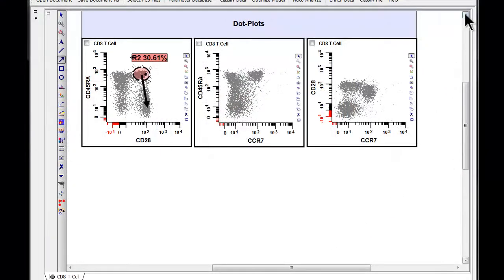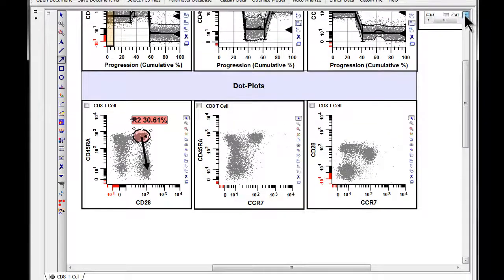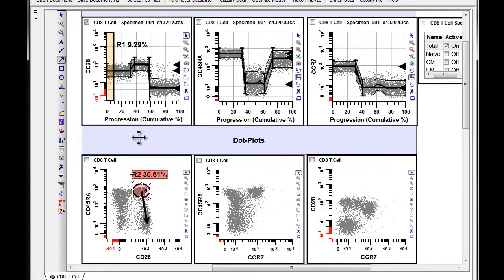All right, let's scroll up and look at the probability state model. Now, one of the first things that you'll note is that we have an additional parameter. This parameter is calculated after the system has done its modeling, and it's a probability parameter.